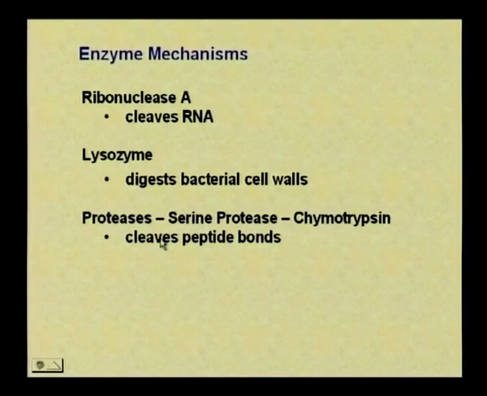Now, essentially what these 3 different enzymes do is that ribonuclease A cleaves RNA. RNA is ribonucleic acid. When we speak about an ase, for example, a protease would cleave a protein, or rather it cleaves a peptide bond.